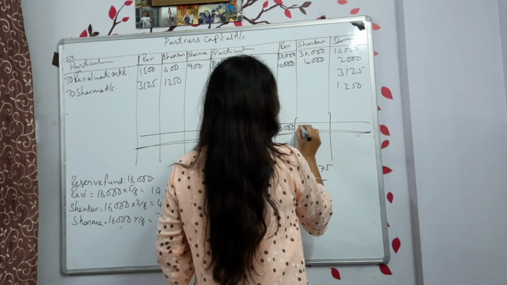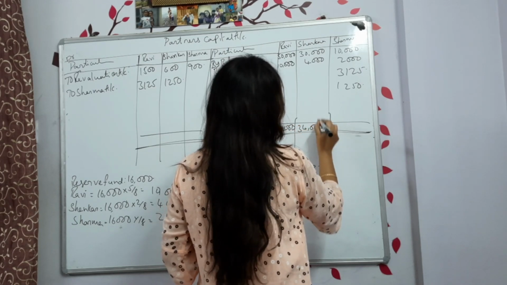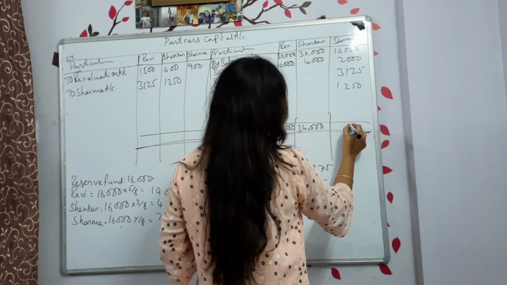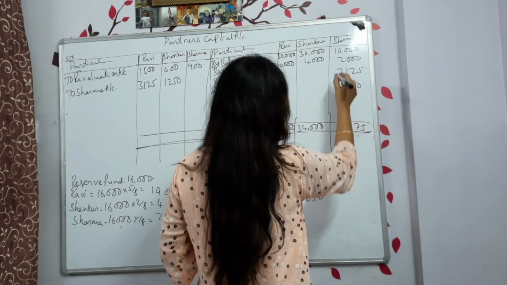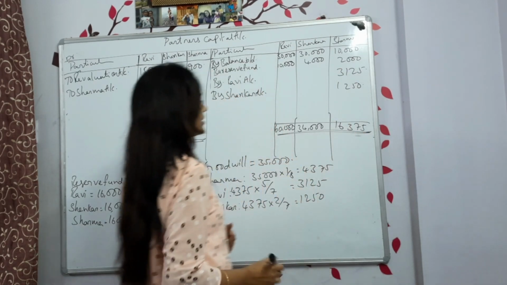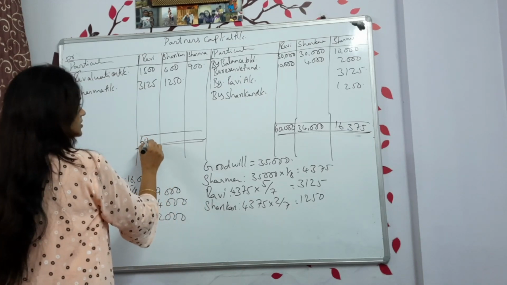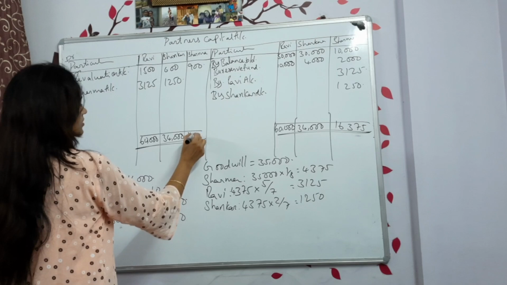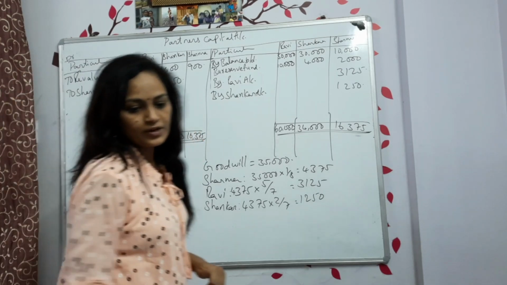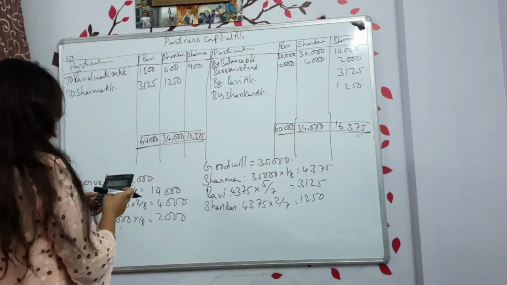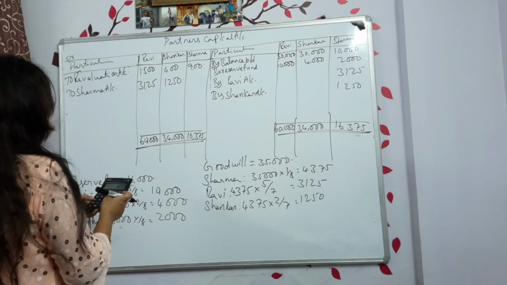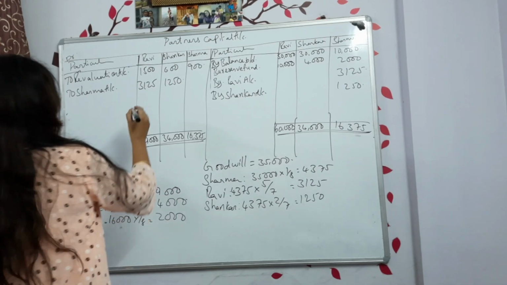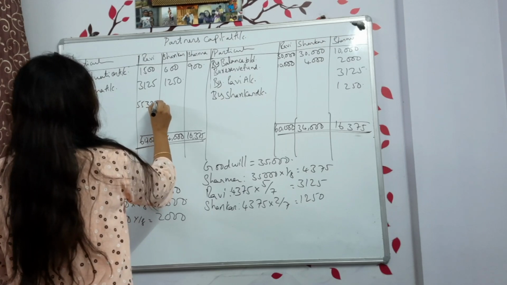60,000, 34,000, 16,375. Let's see the balance. 60,000 minus 4,625, 55,375.